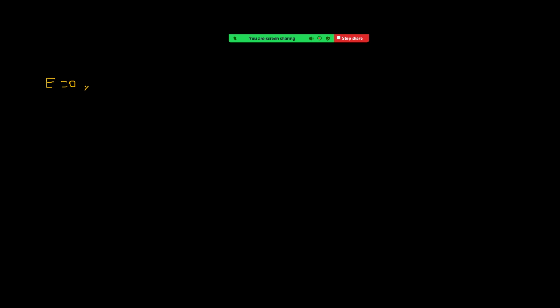Coming to the magnetic field, direction is given, k cap: B bar equal to B naught k cap. And coming to velocity, V bar equal to V naught i cap plus V naught j cap.